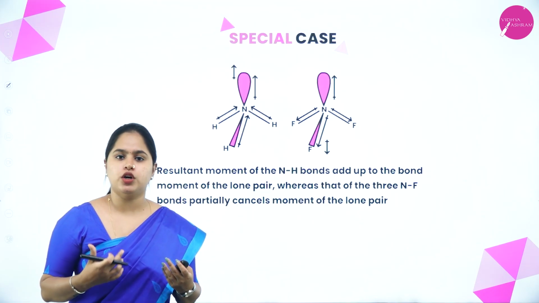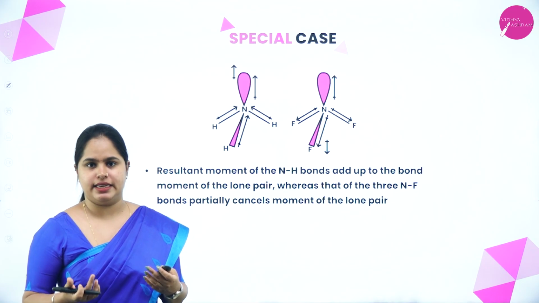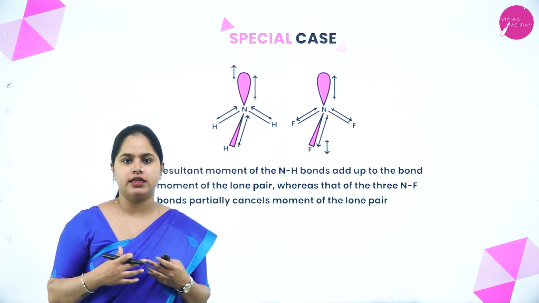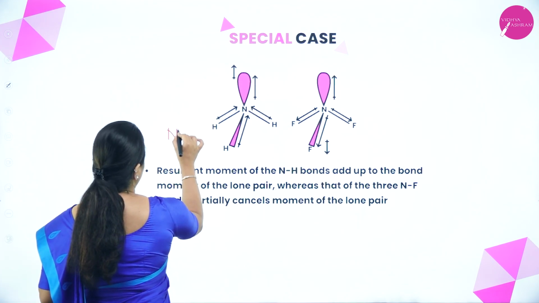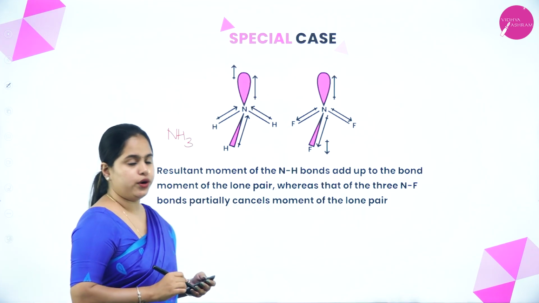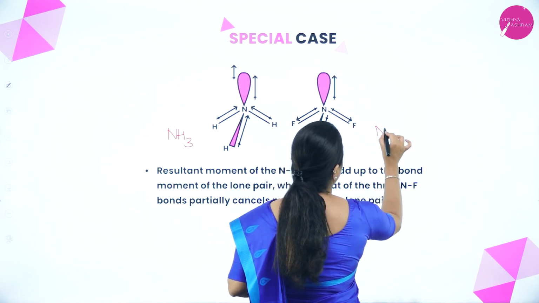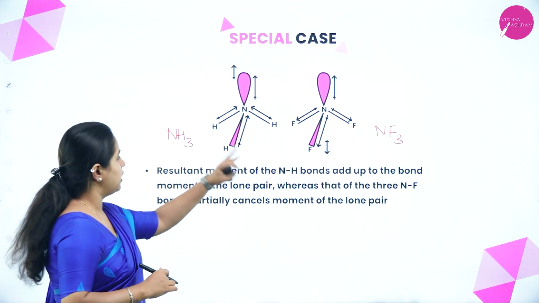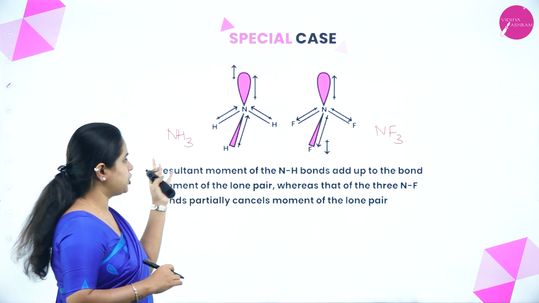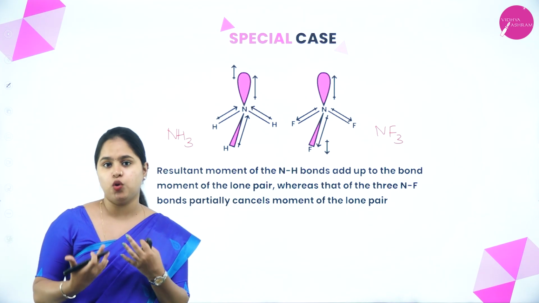Now moving on to an example which is a special case and of very high importance. Here the NH3 molecule, that is ammonia, and NF3 are present. Seeing the two molecules, NH3 and NF3, what can you predict?